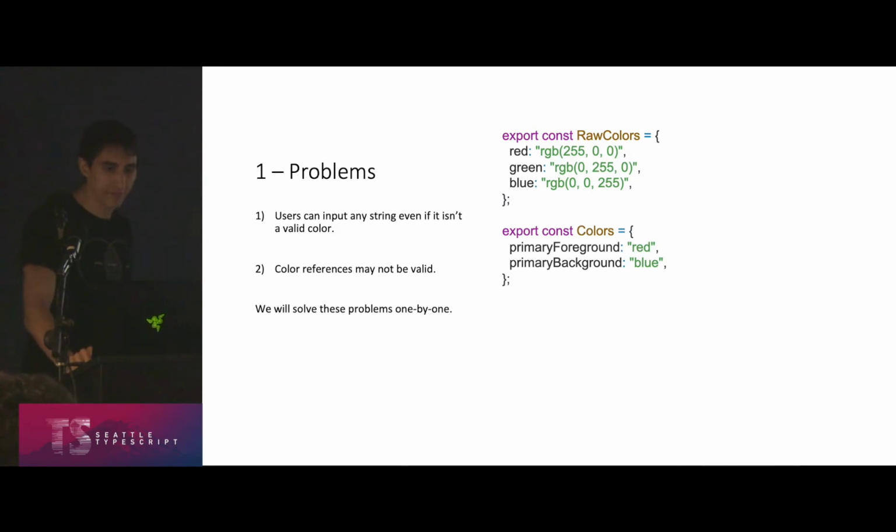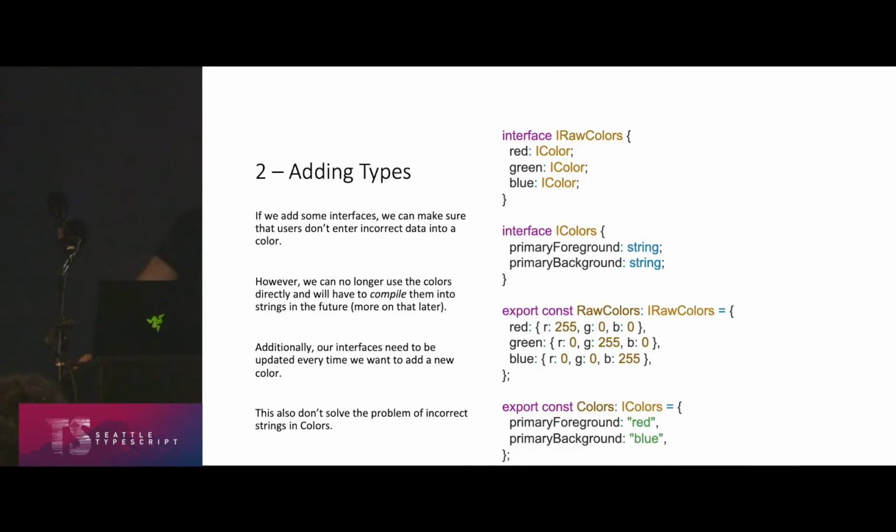So instead of defining them as strings, we're going to start defining them with objects. This will help us make sure that we don't have anything in there that shouldn't be in there. So in the previous example, you were able to enter some text in that string that wasn't really a color. Well, now the things that are there are definitely going to be colors because that's what their type is.